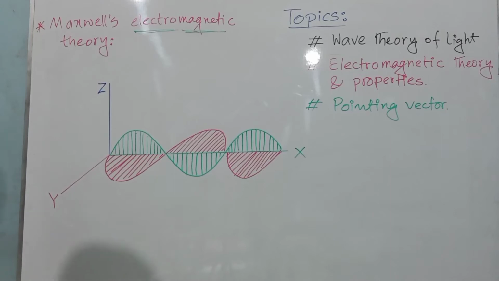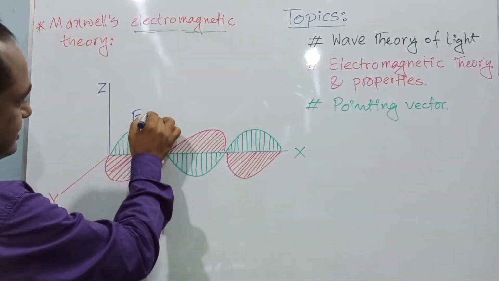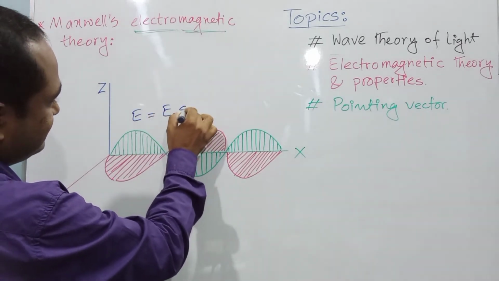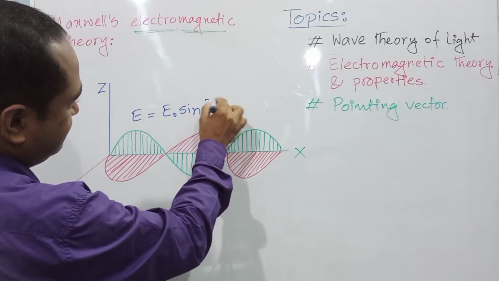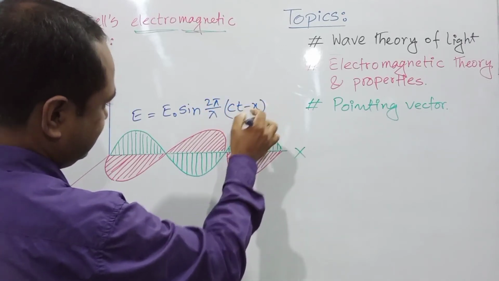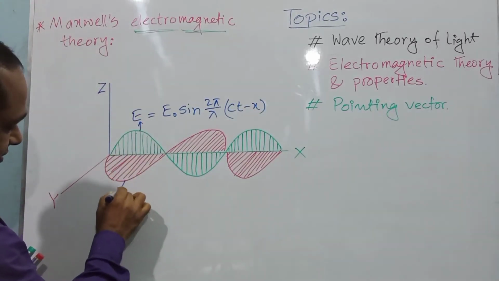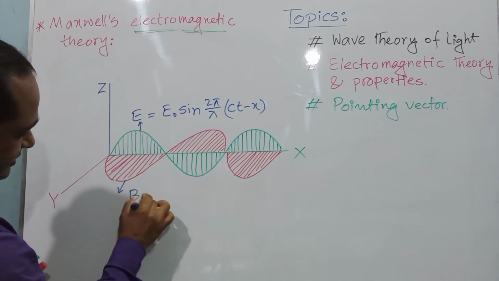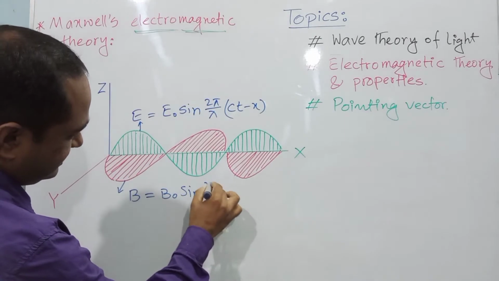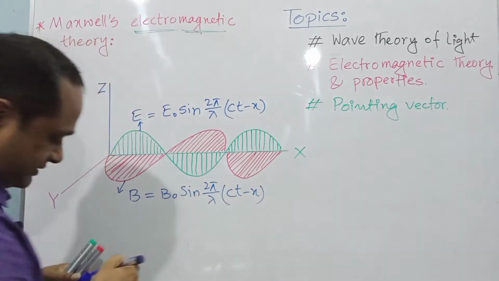Here the electric field E at any moment can be represented as E = E0 sin(2π/λ (ct − x)), and the magnetic field, denoted by B, is equal to B0 sin(2π/λ (ct − x)).